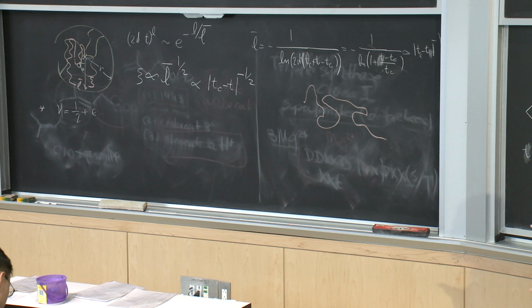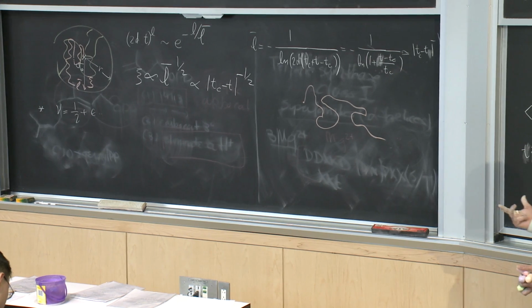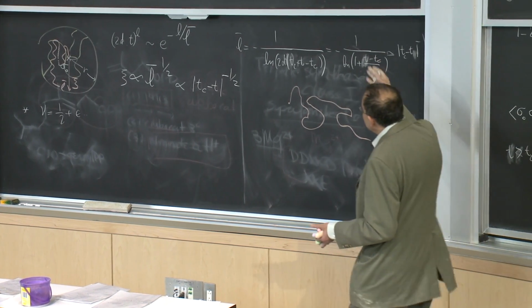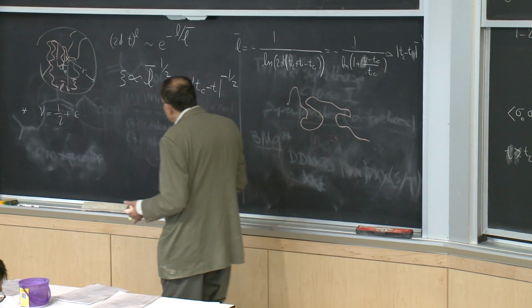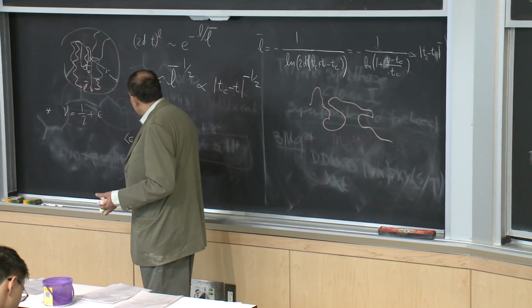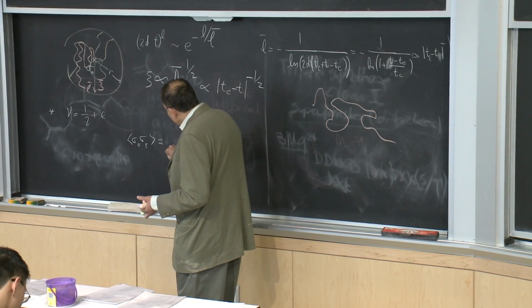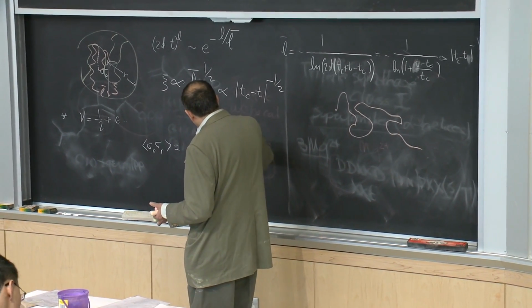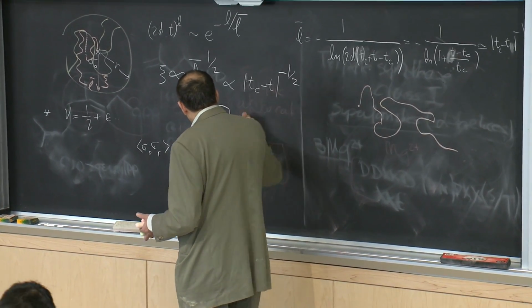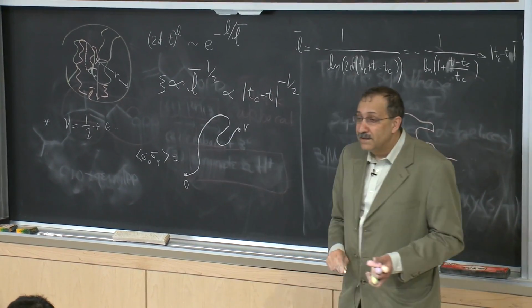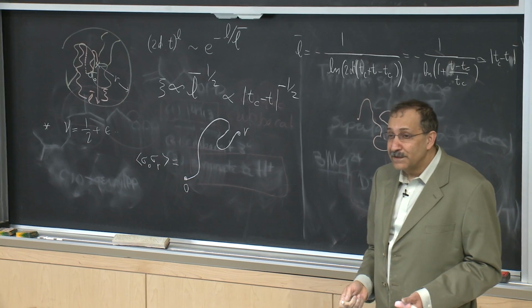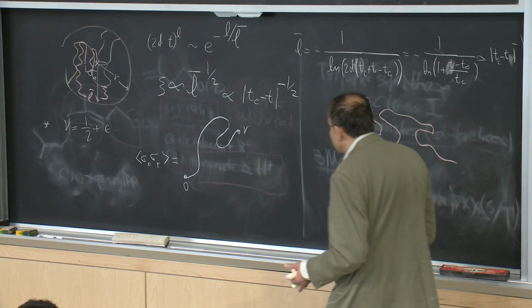Well, how can I really try to capture that more mathematically? Well, in the calculations that I did, let's say when I was calculating the correlation function sigma 0, sigma r, in the approximation of phantomness, I included all paths that went from 0 to r. Among those, there were paths that were crossing themselves.